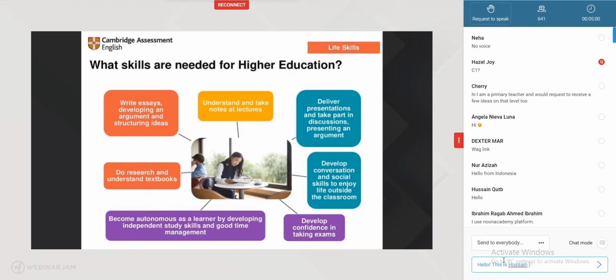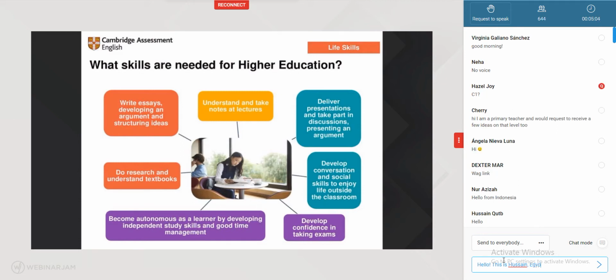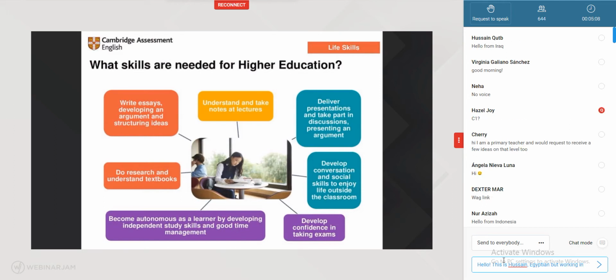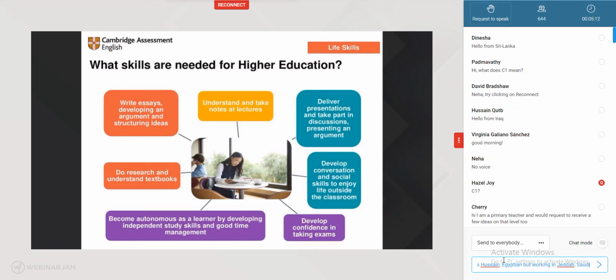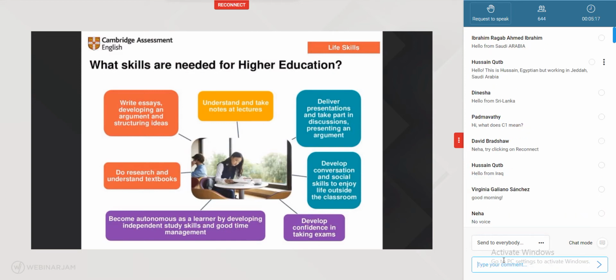From a speaking point of view, deliver presentations, also take part in discussions, but also be able to interact and develop social skills to enjoy life outside the classroom. They need to be ready and confident when taking exams, we would hope, at higher education.